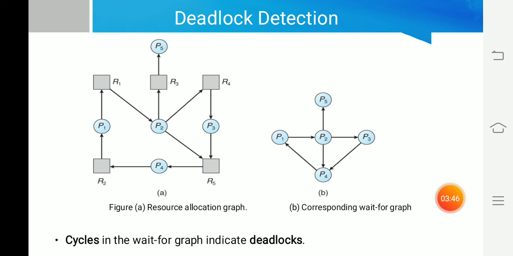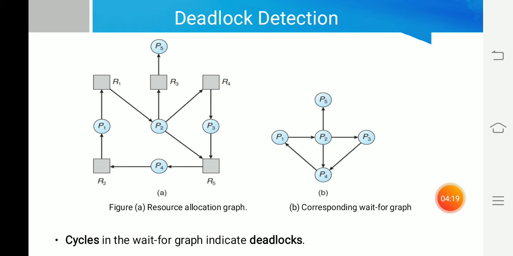It means process 2 is waiting for a resource held by process 5. Similarly, process 2 to R4 is one arrow and R4 to P3 is one arrow. We remove R4 and combine the arrows, so the arrow goes from process 2 to process 3.